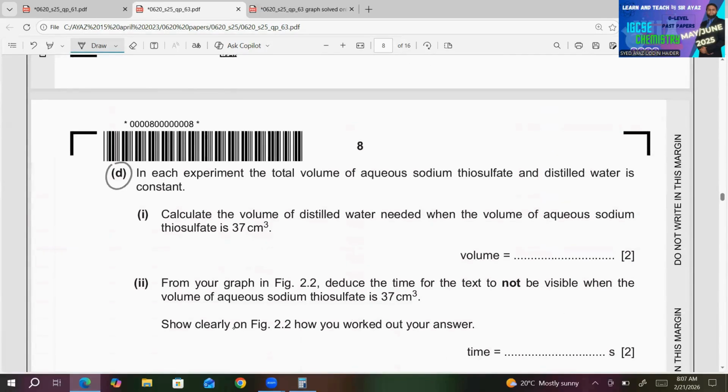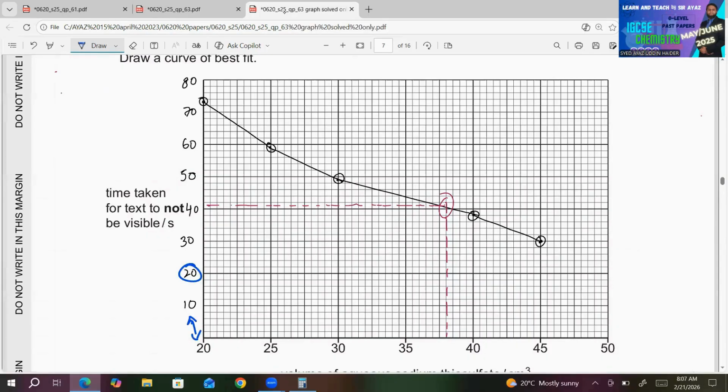B. In each experiment, the total volume of aqueous sodium thiosulfate and distilled water is constant. One, calculate the volume of distilled water needed when the volume of aqueous sodium thiosulfate is 37 cm³. Look at the graph. Here we have 37 as the volume of sodium thiosulfate.